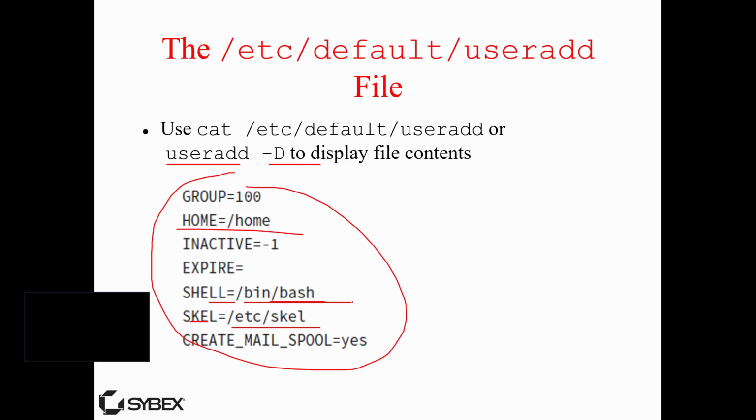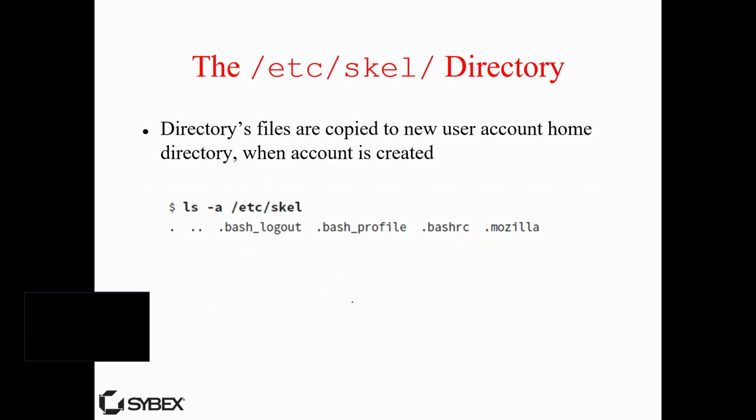You can choose. So you can ls the skeleton directory, and these files will be copied to the user's home directory when the account is created. So this is the skeleton directory.